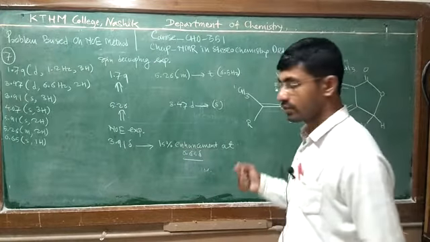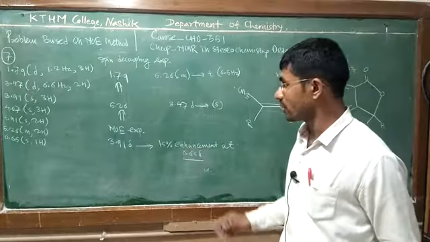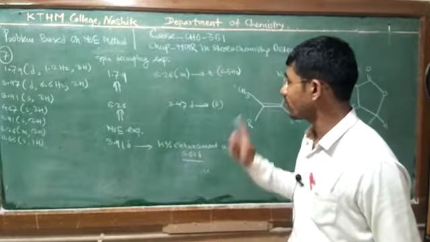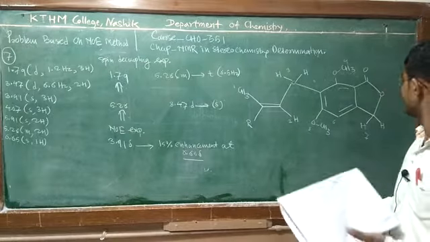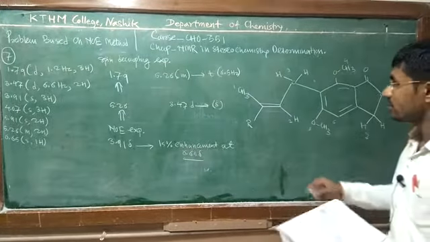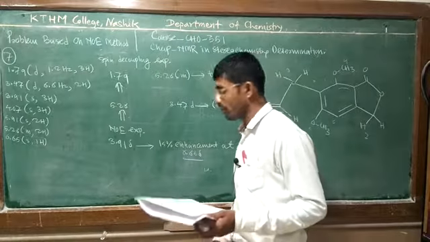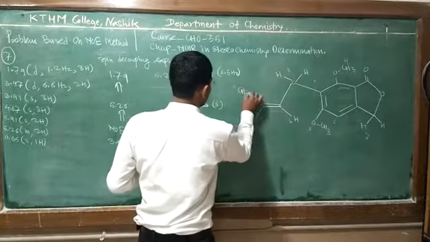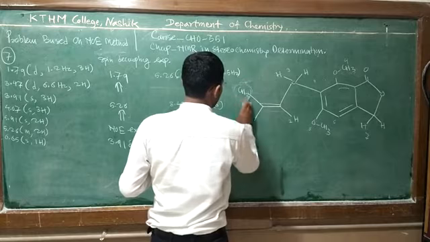In this way, firstly, we are going to assign the very simple signals. The 1.79 signal is a doublet with 1.2 hertz, which means obviously this methyl group's protons show the signal at 1.79.